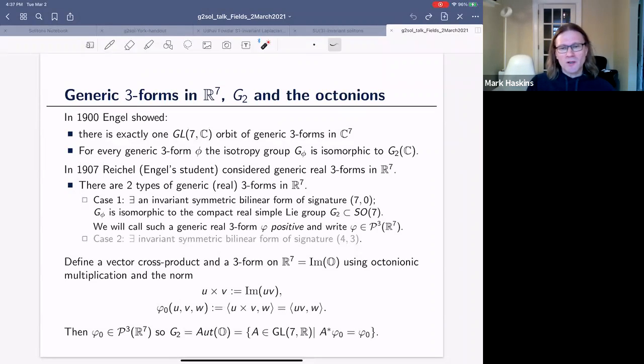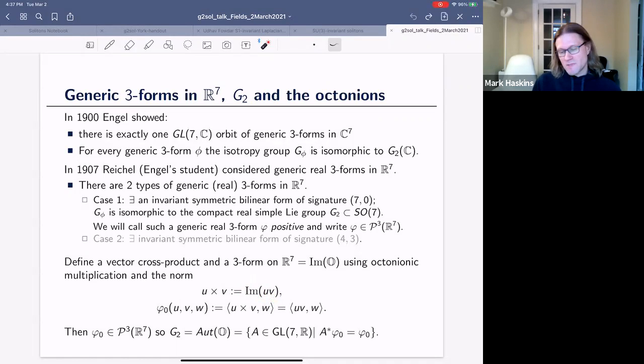You can do the same thing on the octonions. If I view R7 as the imaginary octonions, then I can define a vector cross product on it by taking my 2 imaginary octonions, multiplying them together as octonions, and then taking their imaginary part.